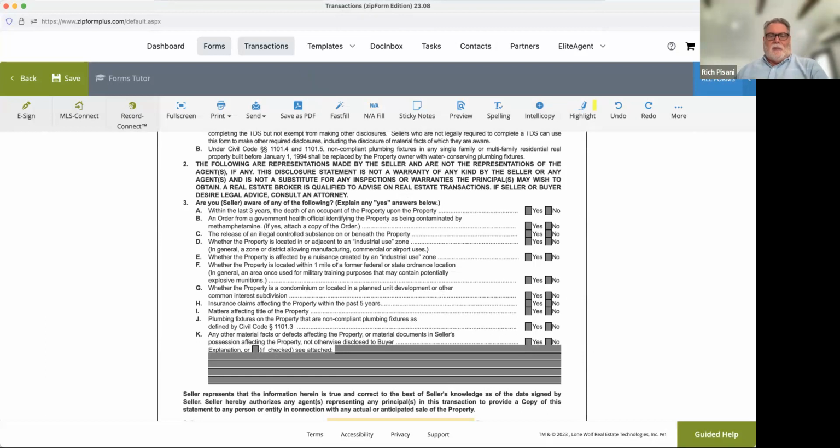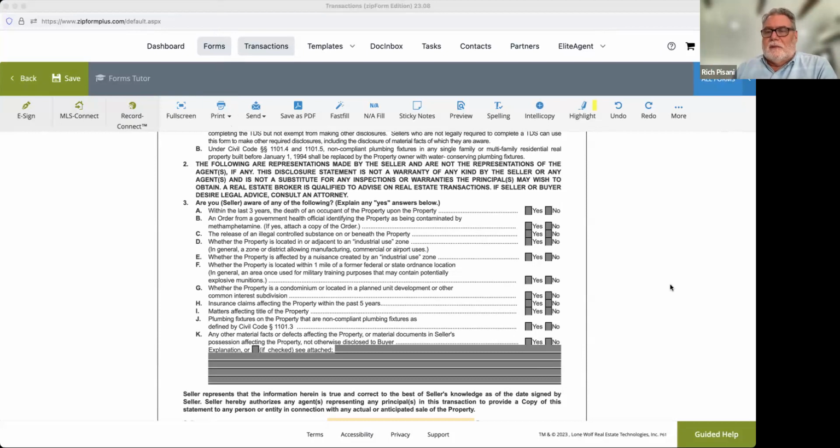Wherever there's a blank part, that's where they disclose additional things they know about. You can disclose it on 3K and type to your heart's content, because if you go over, it automatically creates an addendum and just continues there. So I don't think there are any questions about the NHD statement, because it is pretty self-explanatory.